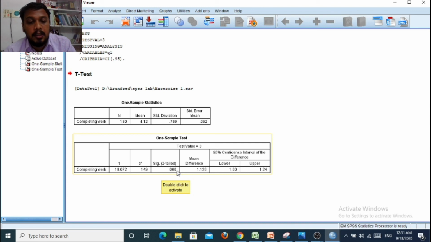It is less than 0.05, therefore it is a significant value. With this result you can say the alternate hypothesis is accepted and the null hypothesis is rejected. Therefore the mean of the population is not equal to the sample mean. Both are different. That is how we interpret this result.